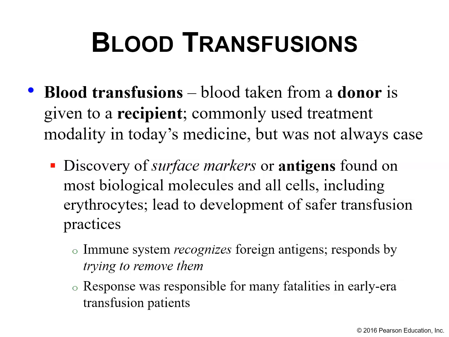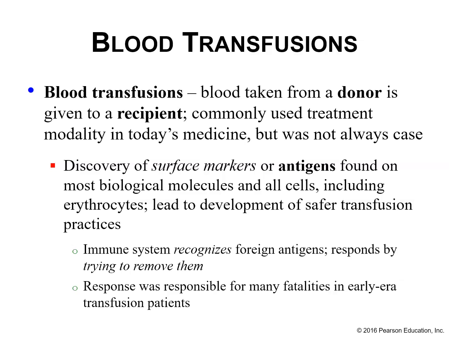So when we discovered surface markers or antigens on red blood cells, also found on all biological molecules in all cells, including your red blood cells, that then led to safer transfusion practices, even though we've done transfusions for many, many years. Remember, your immune system will recognize foreign antigens.